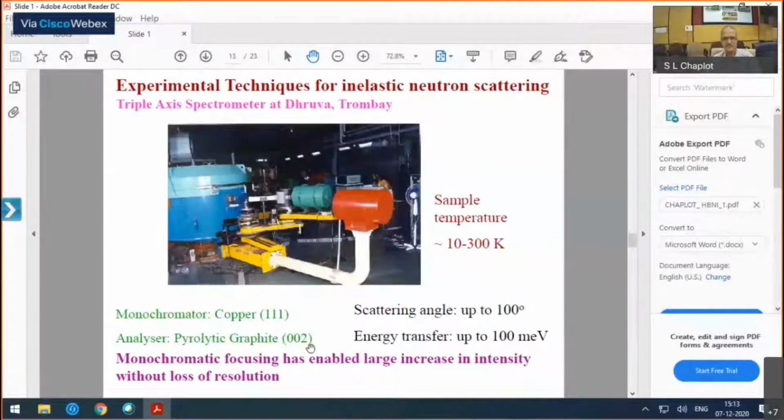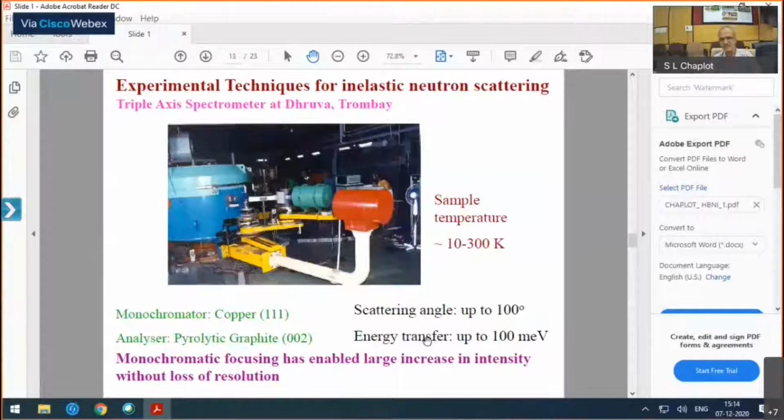Now these have been selected so that one can work with energy transfers of up to about 100 millielectron volts, and the resolution is of the order of 10 to 20%. So you get a resolution of, I would say, 10 millielectron volts or better than that sometimes.